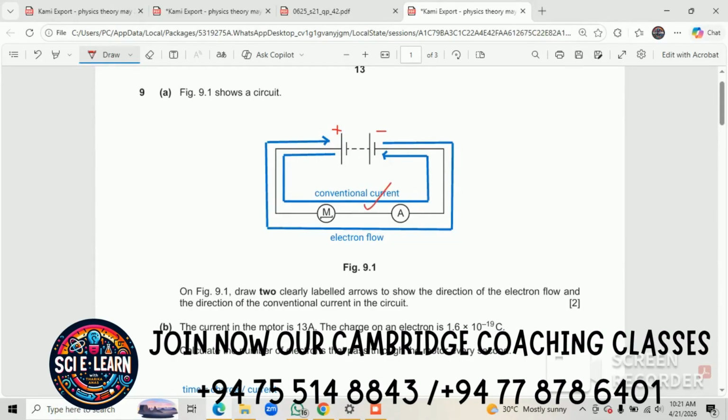So the current flows in the anticlockwise direction, which means from the positive terminal to the negative. That's correct. The same way, if you are looking for the electron flow, that has to be just the opposite of that. That's also fine. Good.